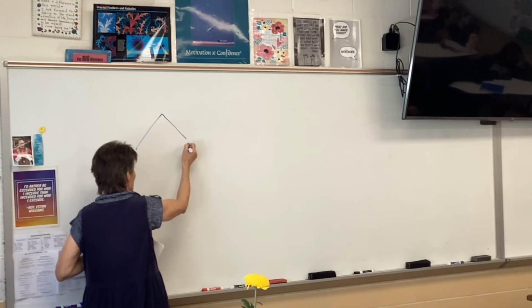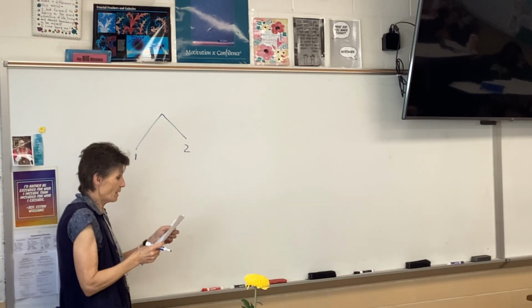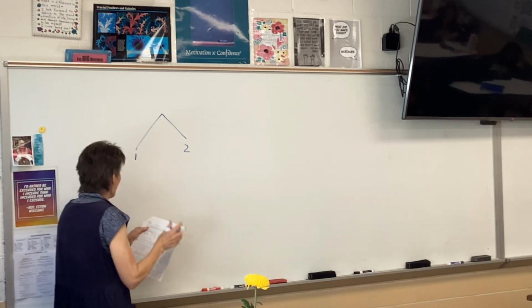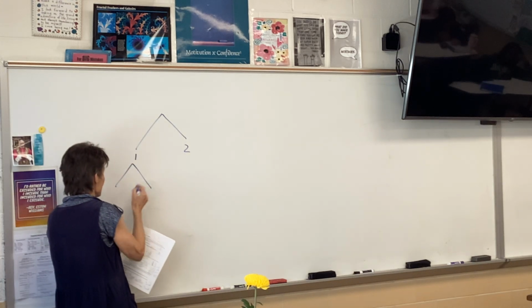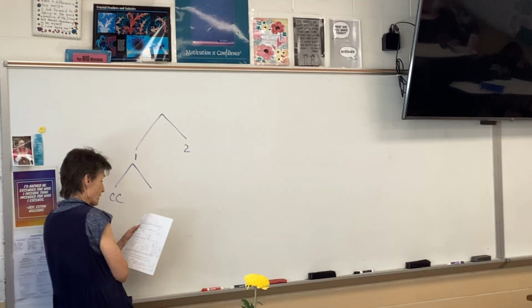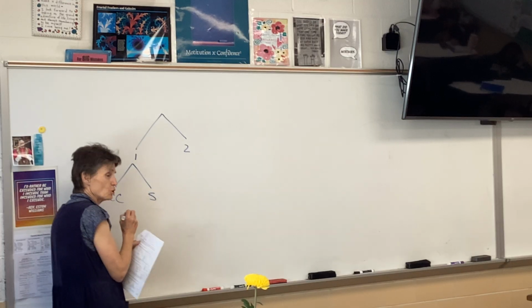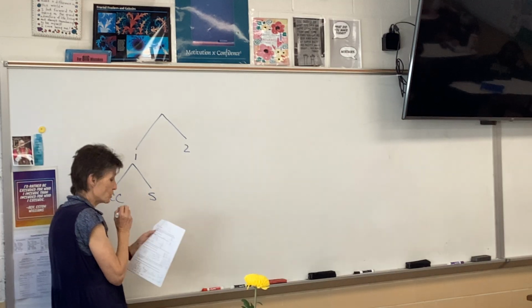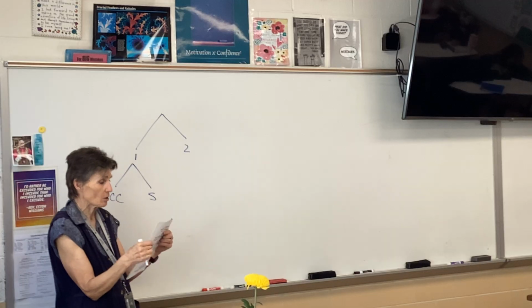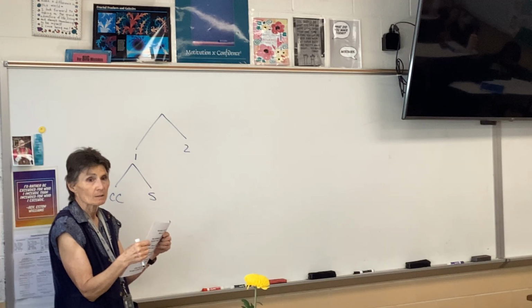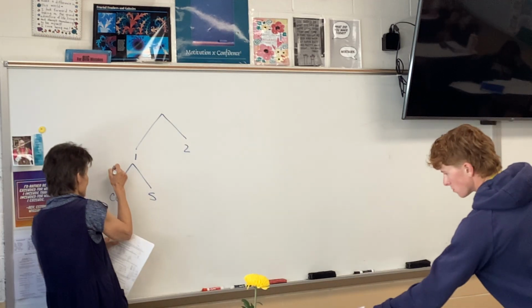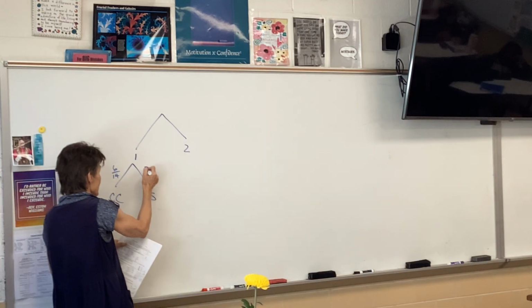We have jar 1 and jar 2. Jar 1 has 6 chocolate chip and 8 sugar. So jar 1 has how many cookies altogether? 14. So this is 6/14ths, and this is 8/14ths.